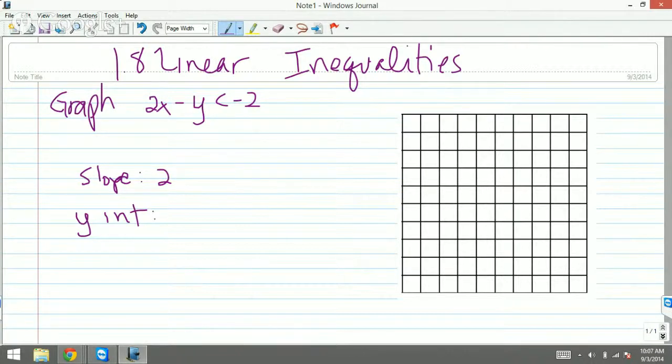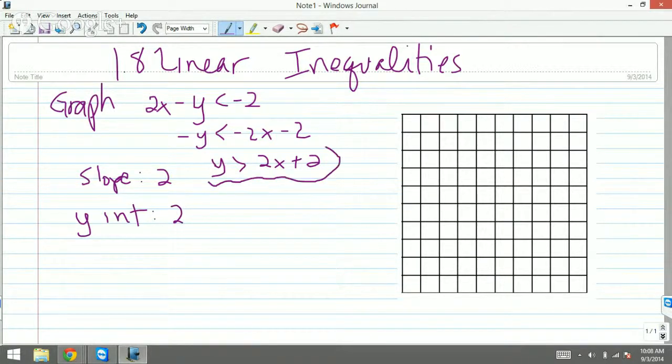Close. Positive 2. Okay, so if you're solving for y, there's your first step. Remember, when you divide or multiply by a negative, what happens? Yeah, your sign flips. Yeah, negative 1y.